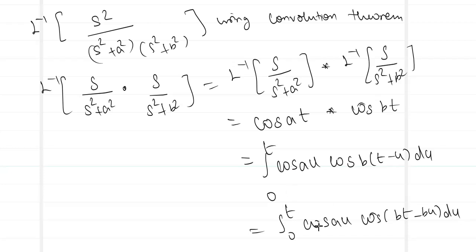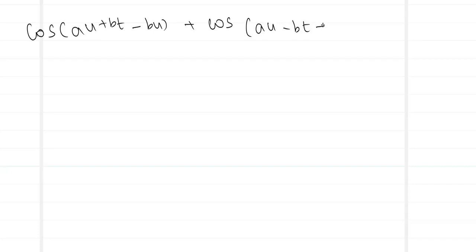Now this is of the format cos A cos B. So the format is nothing but cos of (A plus B), so it is au plus bt minus bu, plus cos of (A minus B), so it is au minus bt, minus of minus will become plus bu, divided by 2.